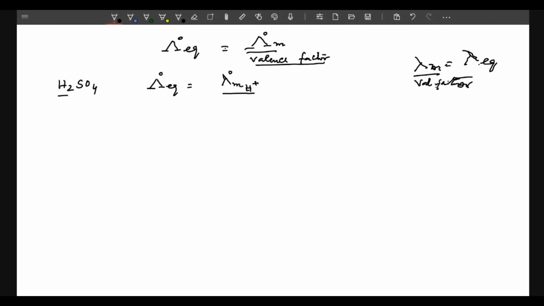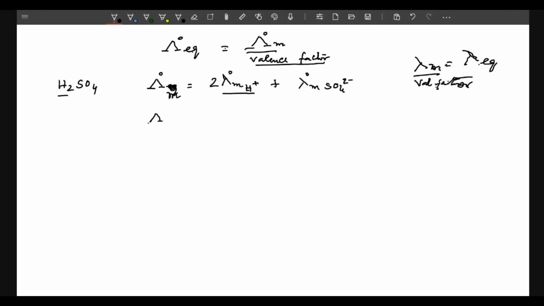You should convert moles into equivalents. Two ions are present, so 2 into lambda m of H plus, and lambda m of sulfate. You already write down this equation. This is for the molar conductance.